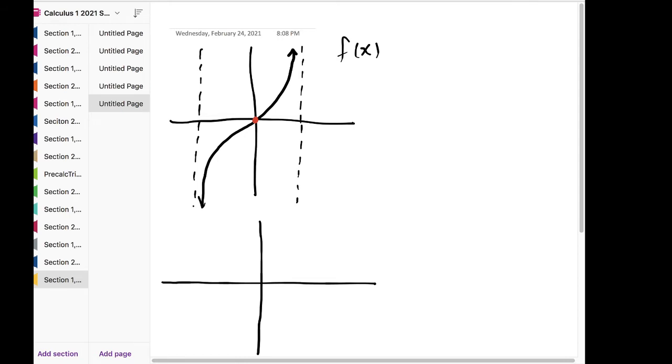This down here. How would you describe that? Positive, negative, close to infinity, not close to infinity? Yeah, it's positive and high.